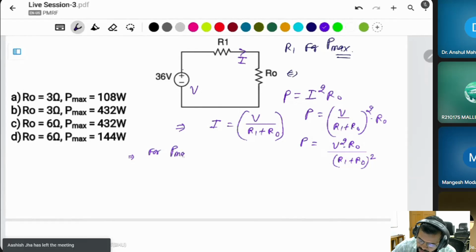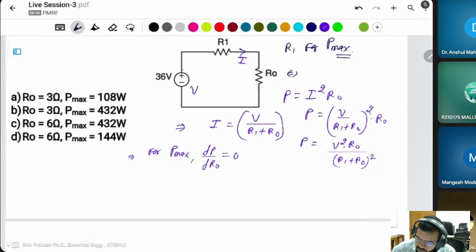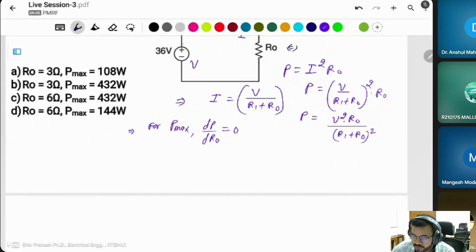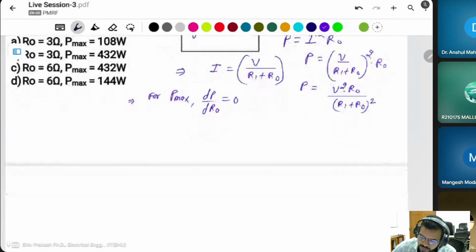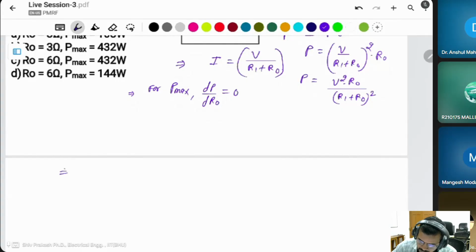For P max, you have to apply maxima-minima, then dP by dR naught will be 0 for the maximum power condition. What is the differentiation of this with respect to R naught?